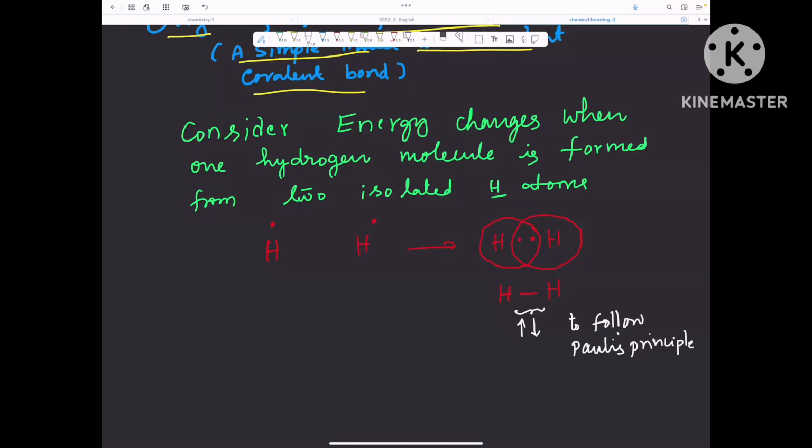Not only atoms, but molecular bonding electrons also follow Aufbau rules, Hund's rule, and Pauli's principle. Therefore, a bonding electron pair must have both electrons with opposite spin, and therefore they follow Pauli's principle. Now, what happens? Let us see.